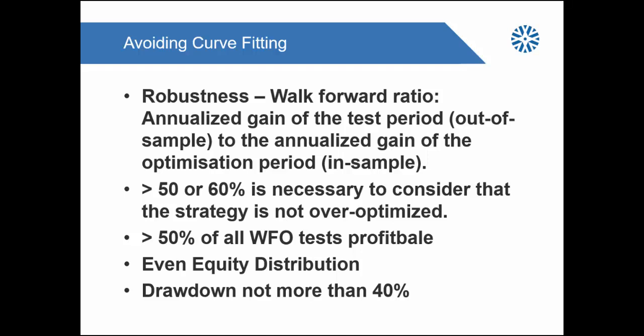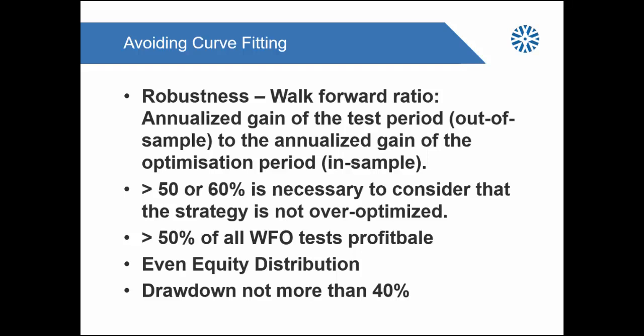So you're looking for robustness in your walk forward ratio or walk forward efficiency. That's also what a lot of people call that. If you want to do it perfectly fine, you look at your annualized gain of the test period, the out of sample, to the annualized gain of the optimization period, in sample, right?